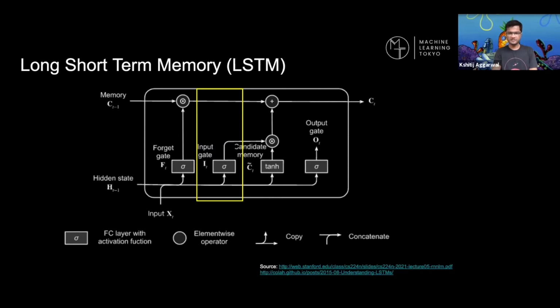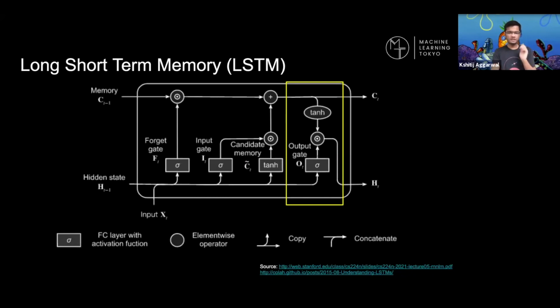As you can see, this intermediate candidate memory, after being operated on by the input gate, is then added to the original memory, which was operated on by the forget gate, and that creates the final candidate memory. So the forget gate and input gate basically decide how much of the previous memory to use and how much of the new memory to use.